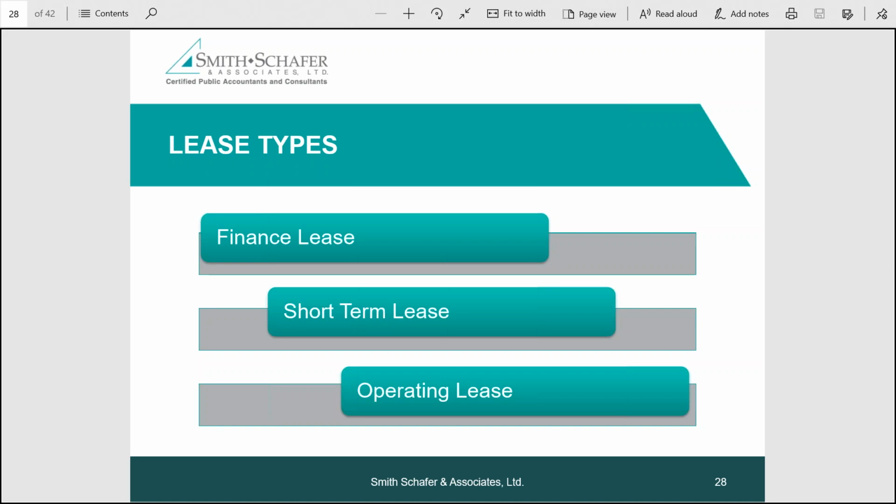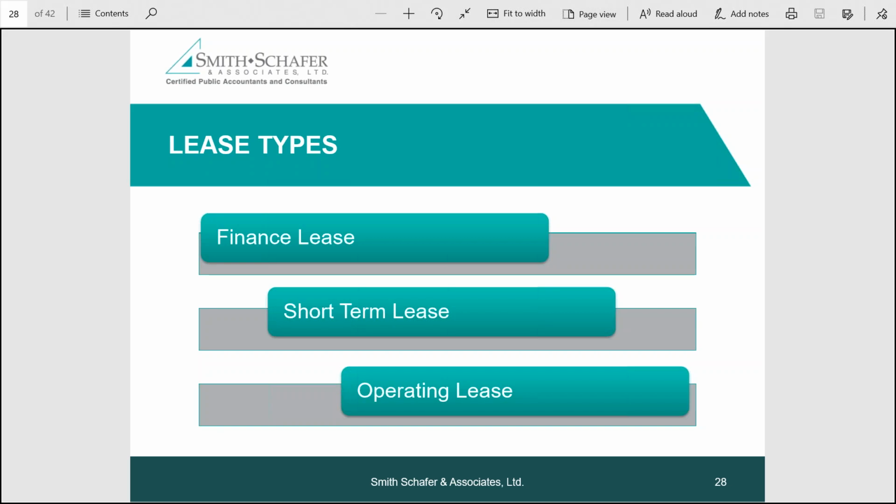Currently, that capital lease has an asset recorded on the books and a liability recorded also on the statement of financial position. If it doesn't qualify for a capital lease, we have what is called an operating lease. And an operating lease is basically all your other leases, and currently that operating lease is just on the income statement as rent expense, and then there's a disclosure related to operating leases within your footnotes.